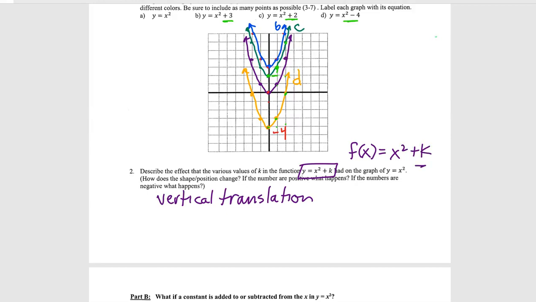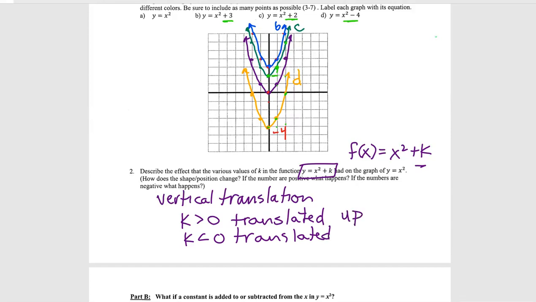And that value of k, if k is greater than 0, then it was translated up, and if it was less than 0, it was translated down. So up for greater than 0 and down for less than 0.